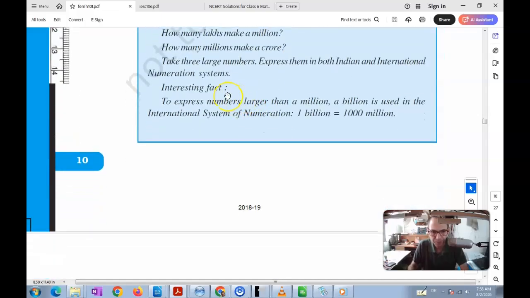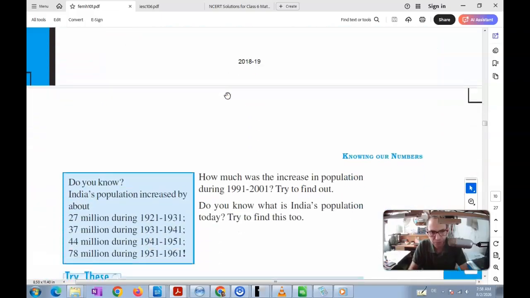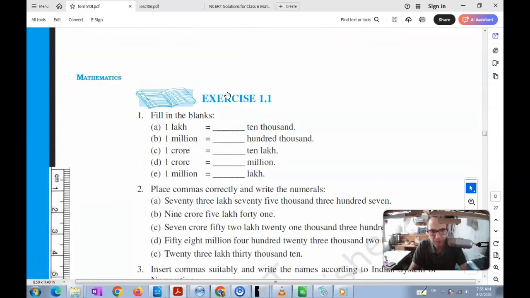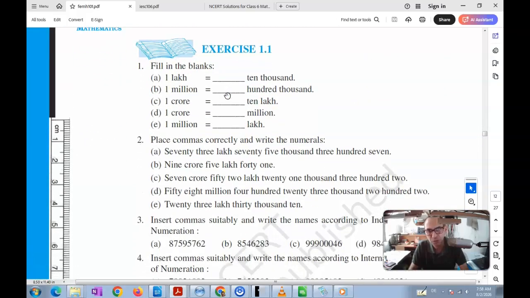Okay, so now welcome back. Now we get to the first set of exercises in this chapter, and that's exercise 1.1. There are a few things that you need to know about these exercises. First of all, there are usually a few sets of such exercises in every chapter.